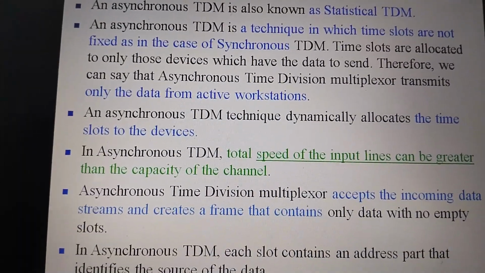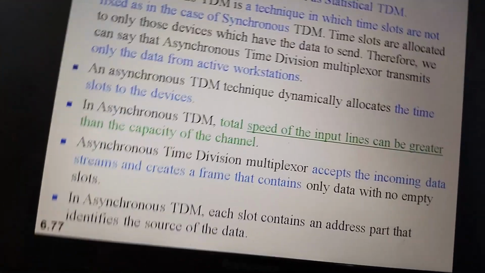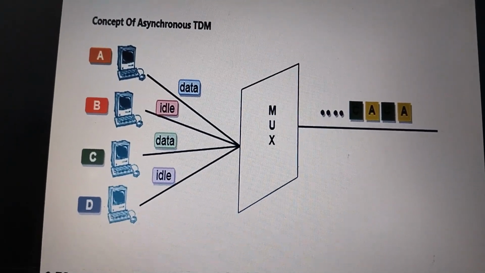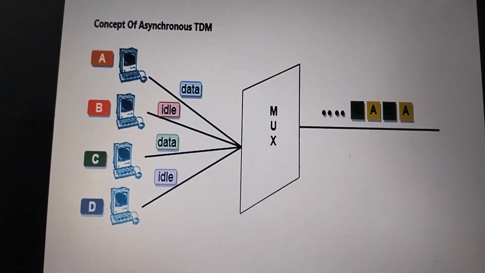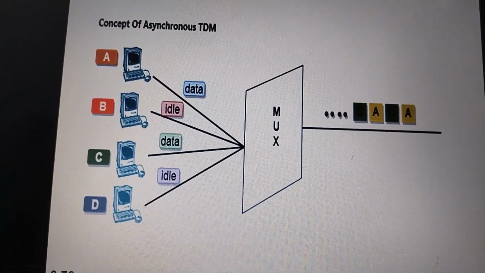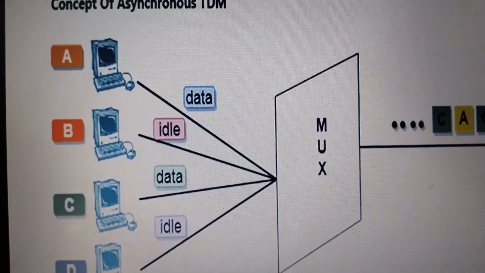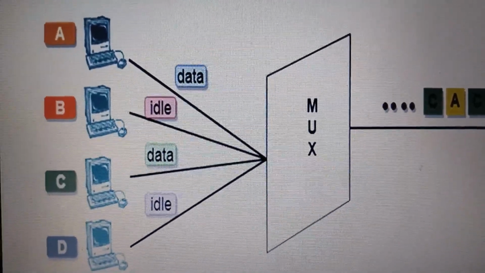We will see the block diagram here. This is the block diagram for asynchronous time division multiplexing. How many users do we have? We have four users: A, B, C, D. If the data is available, it is marked as data. If the system does not contain any data, it is marked as idle. A contains data, B is idle, C contains data, D is idle.